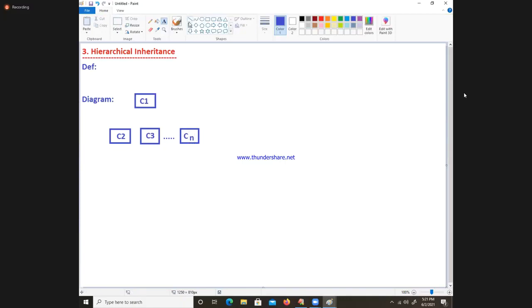Then see carefully. This class C1 is giving to these places. So C1, and next is C2, and next is C3.